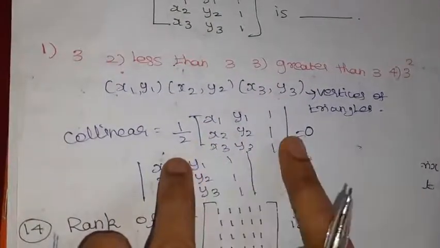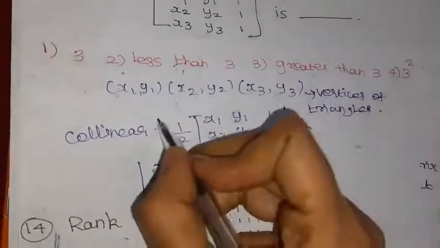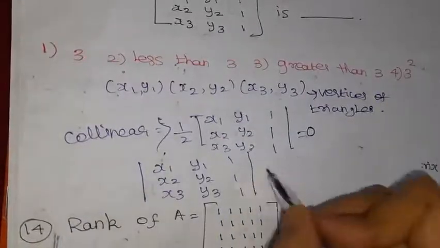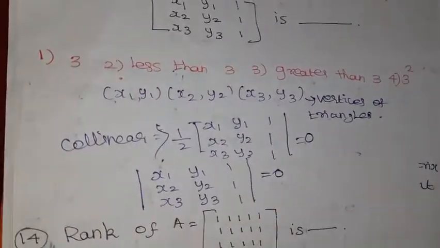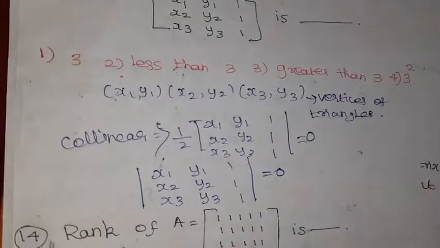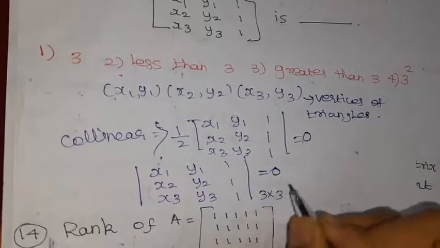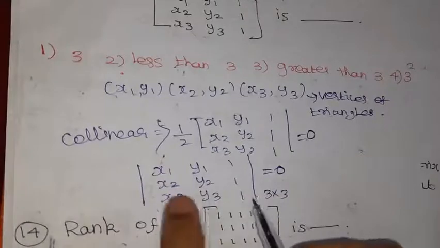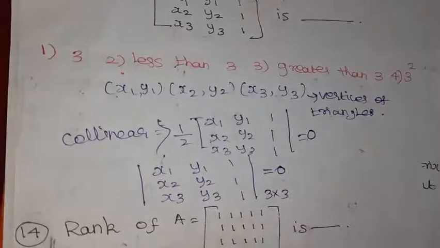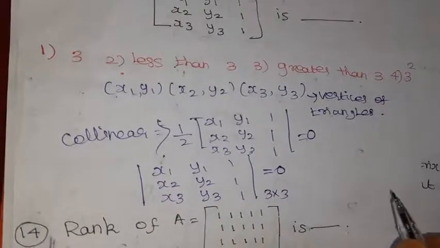Half is a constant that is not equal to 0, so obviously the determinant is 0. This is a 3 cross 3 matrix, and the determinant of order 3 equal to 0 means the rank should not be 3.